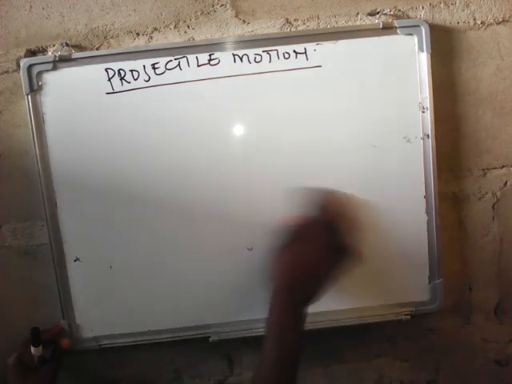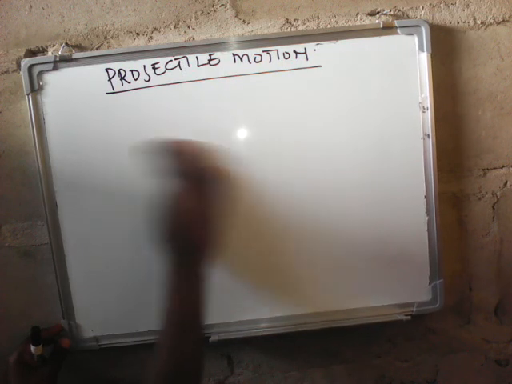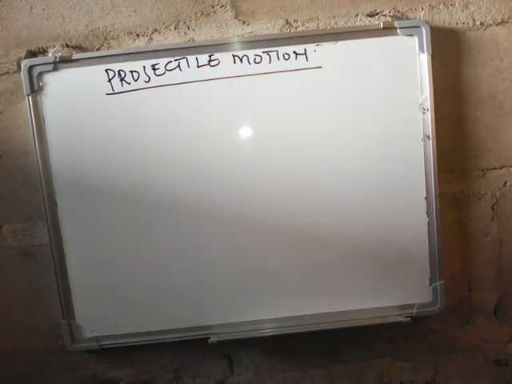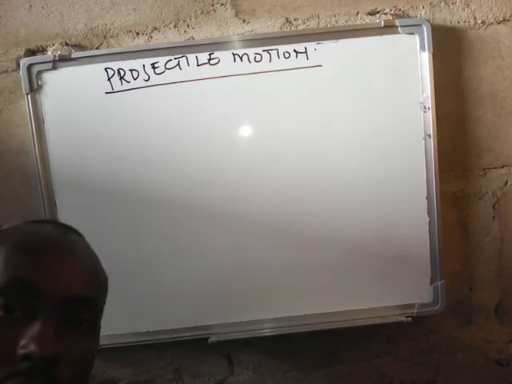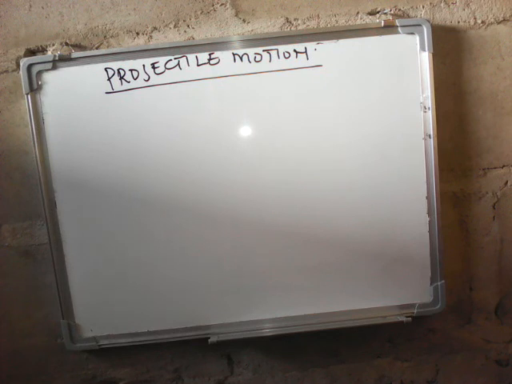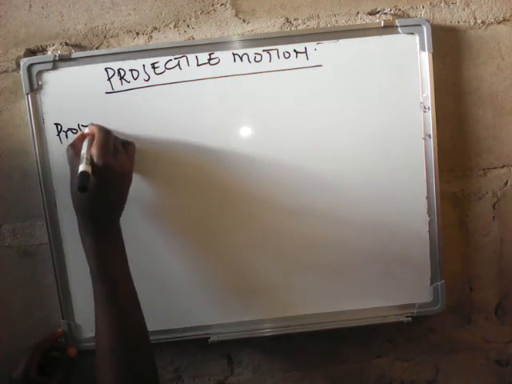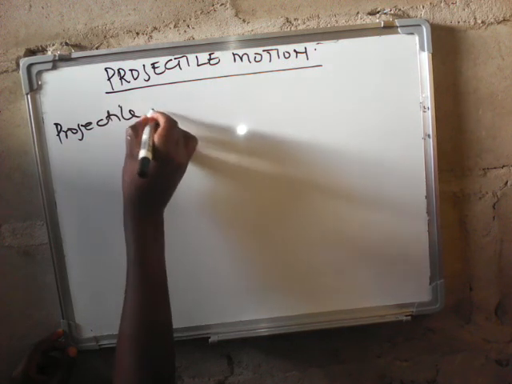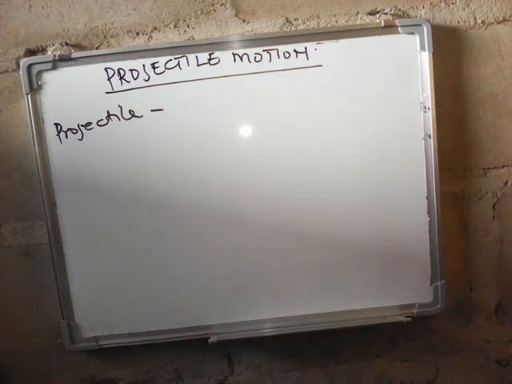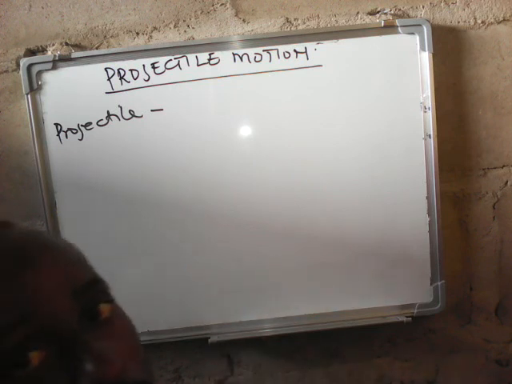So now, after seeing that a projectile motion is a motion which depends on acceleration due to gravity alone, then we shall talk about a projectile. So a projectile is a particle or a body when thrown in space.